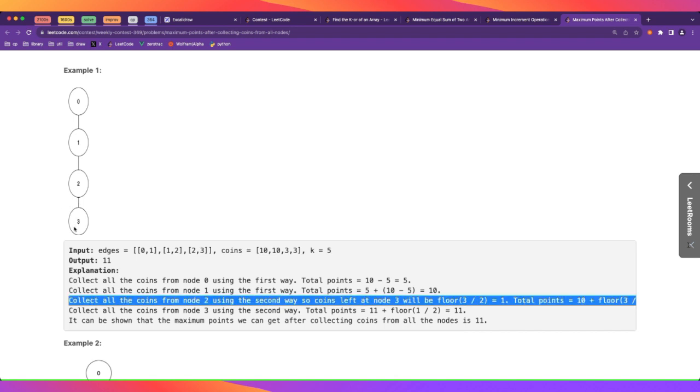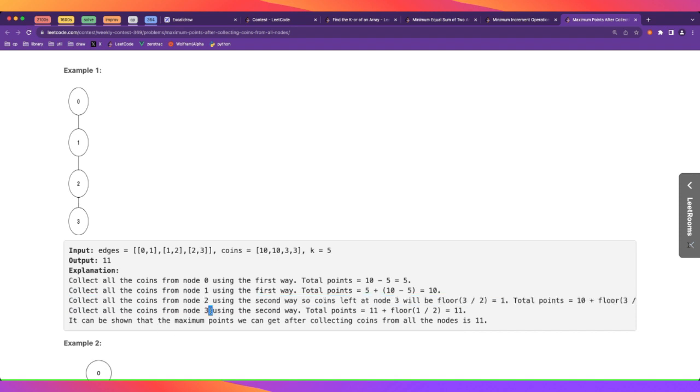But now the number of coins in node 3 is also 1, and you use the second way again, otherwise you'll get a negative number. You don't get anything here, you get 0, but if you use the first way you'll get a negative, so that's why it's better. And then you finally accumulated 11 points.